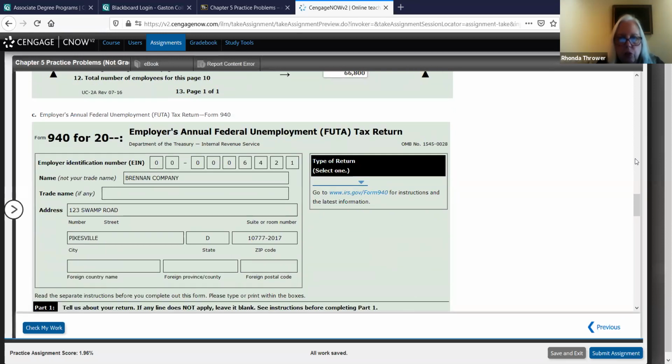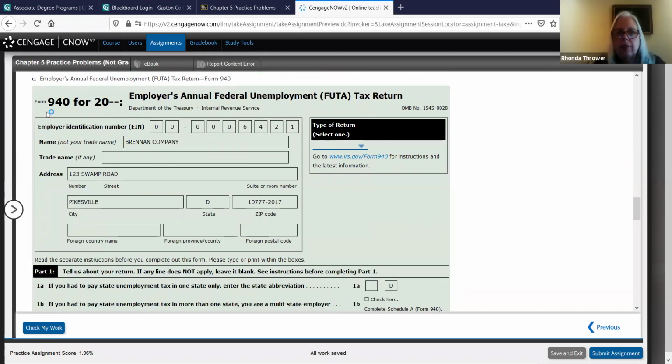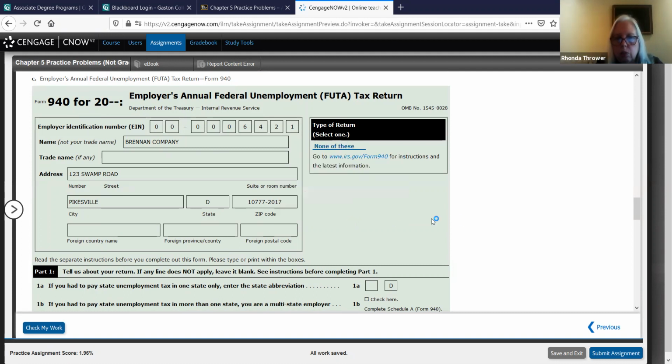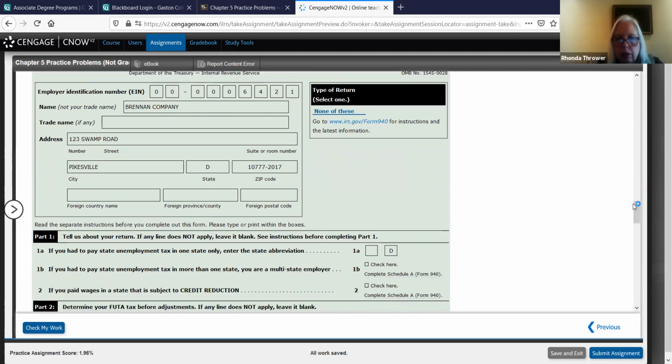The next portion of this is the 940 return that you have to file for your federal unemployment taxes once a year. And again, they wrote in the company information for you here. And this, let's put none of those applied.